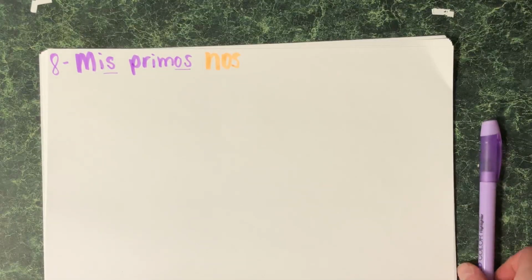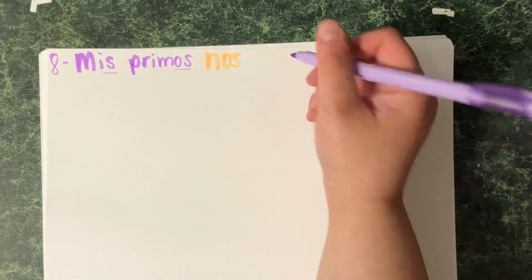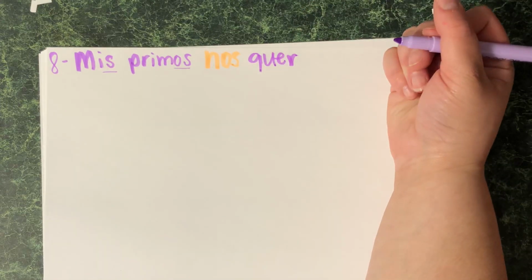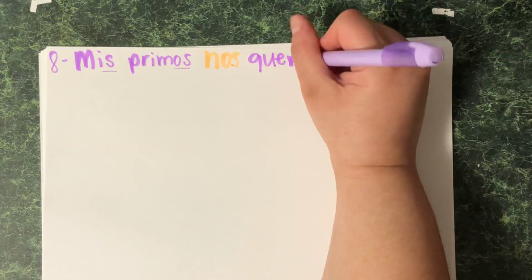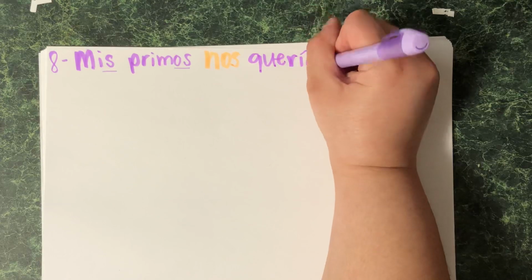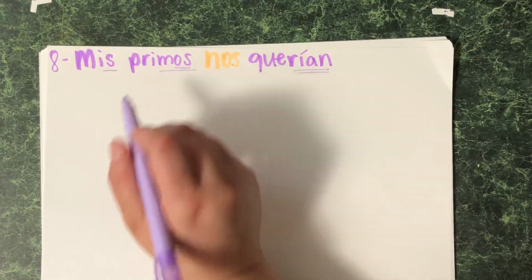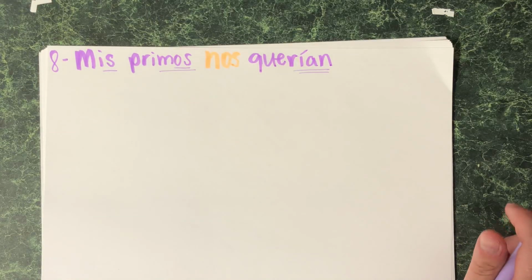N-O-S, nos. And then wanted, that's the verb querer. Take the ER off from querer and then put your new ending. Querían. This is going to be in agreement with primos. Wanted to visit us.